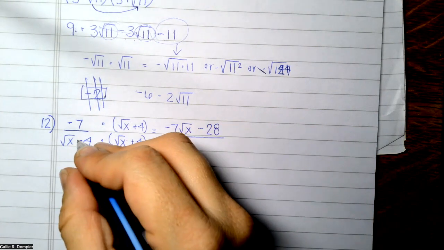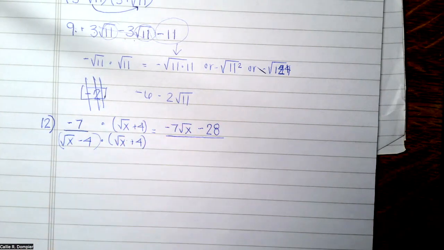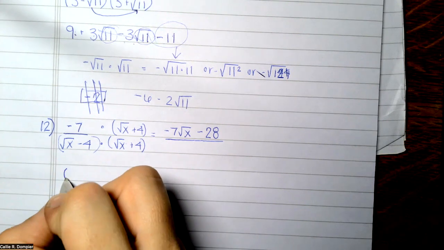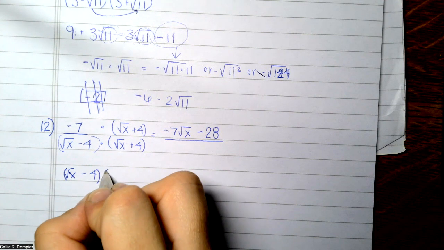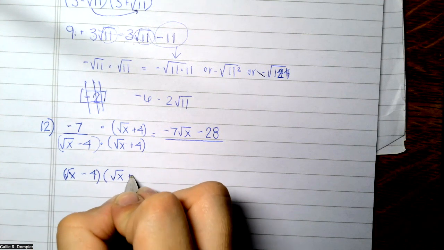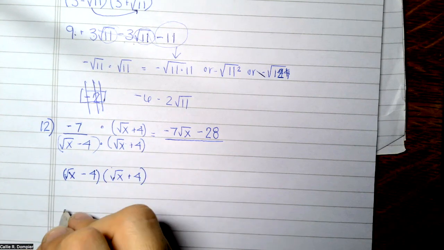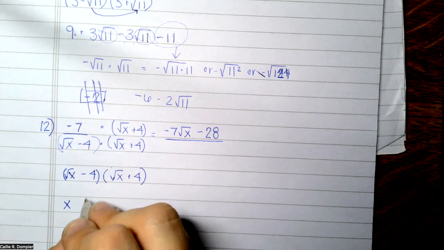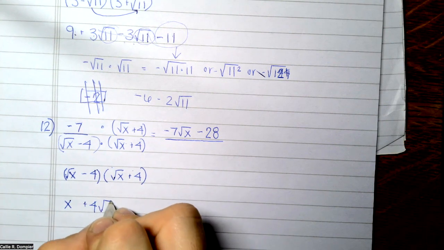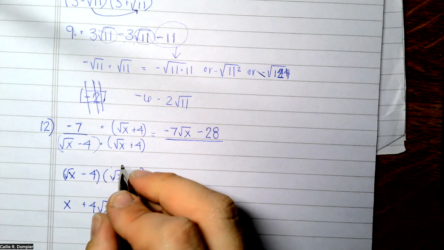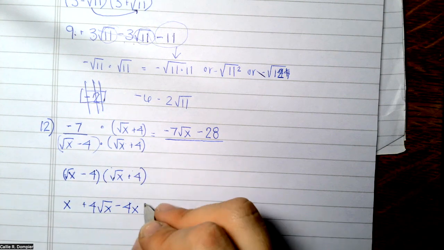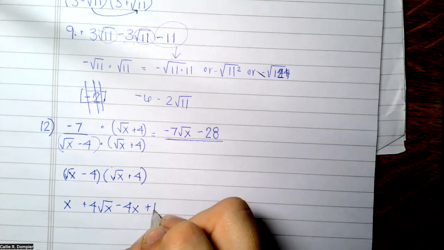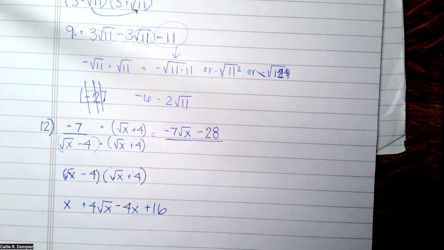Over, and now we're going to multiply the square root of x minus 4 times the square root of x plus 4. Square root of x times the square root of x is just x. Square root of x times 4 is 4 square root of x. Negative 4 times the square root of x is minus 4 square root of x. Negative 4 times positive 4 is 16.